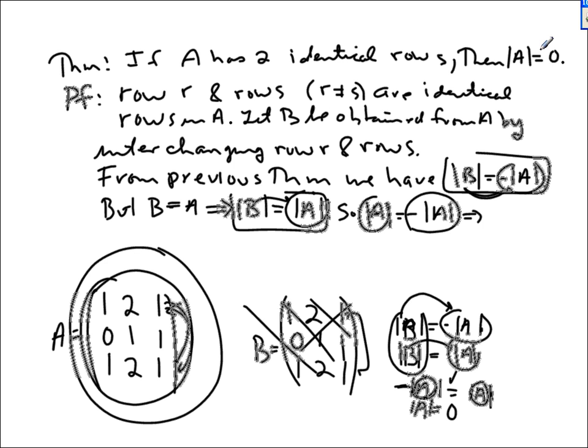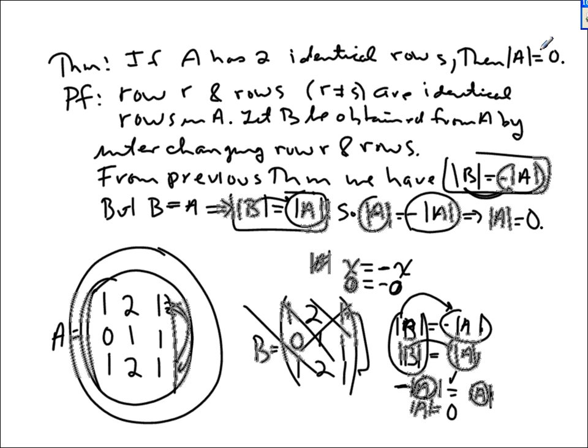But now remember, the determinant of A is a real number. Call it X if it makes you happier. X is equal to negative X. I mean, if I let X be 7, then 7 equals negative 7? No. Only 0 equals negative 0, because negative 0 is 0. So that implies the determinant of A is good old 0.